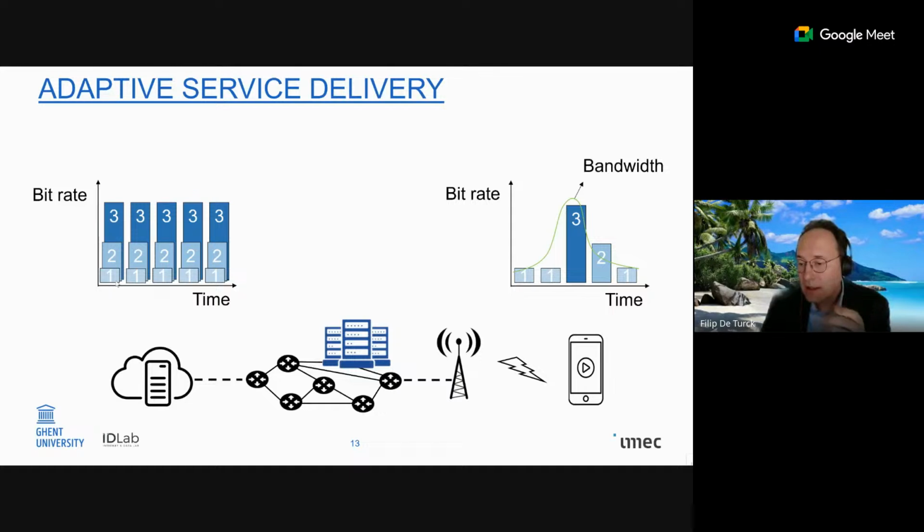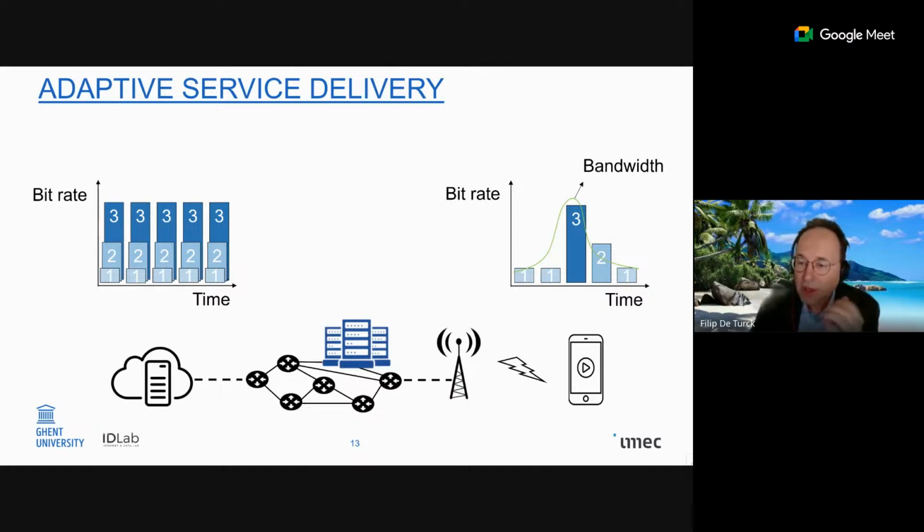For each small chunk, we provide a low quality version, a medium quality version, and also a high quality version. This is what you see with the different numbers here. The low quality version corresponds to number 1, medium quality number 2, and high quality number 3. The higher the quality, the higher the bit rate that you need over the network.